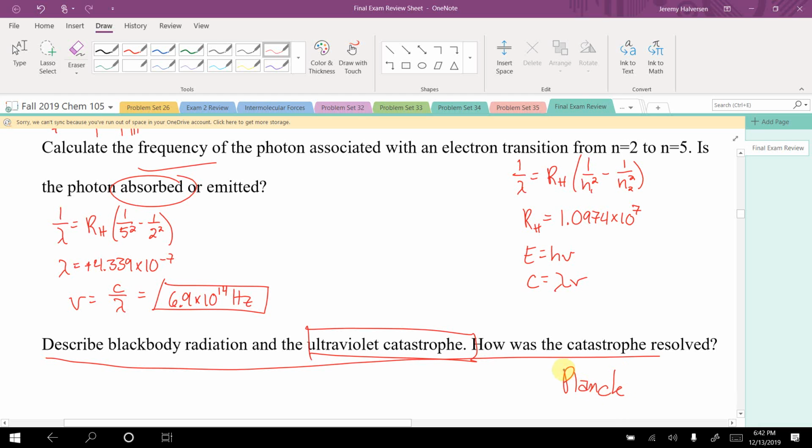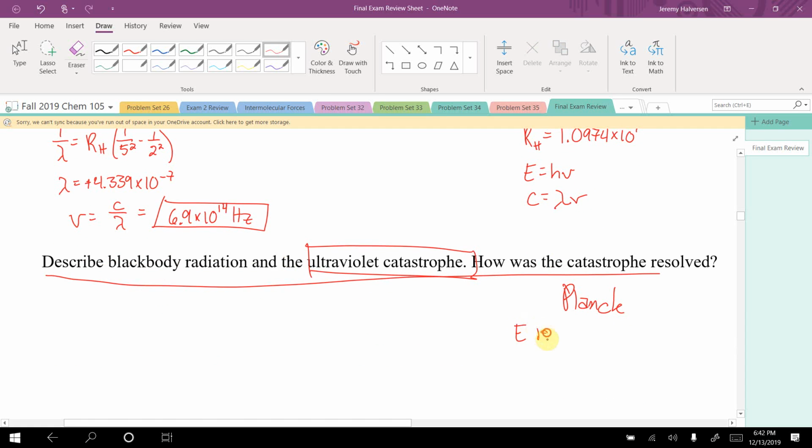And what did he do to make it work? He said, let's assume that energy is quantized, that it's only available in little packets, that it's not actually continuous. And when he did that, all of a sudden his model predicted what actually happened, which was evidence that energy is in fact quantized.